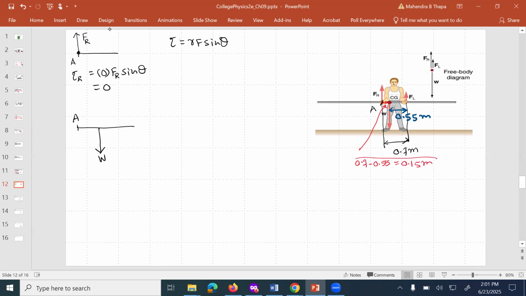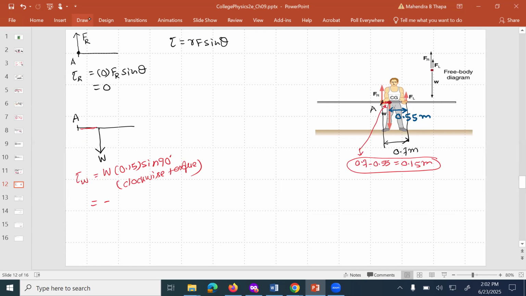Okay, so that is the required distances. So here we can write torque due to weight, which equals weight times this distance, which is 0.15 times sine 90 degree, because this will produce the clockwise torque, that gives us minus weight.